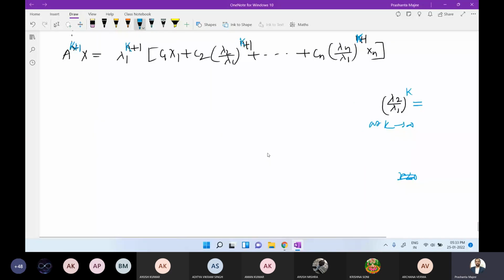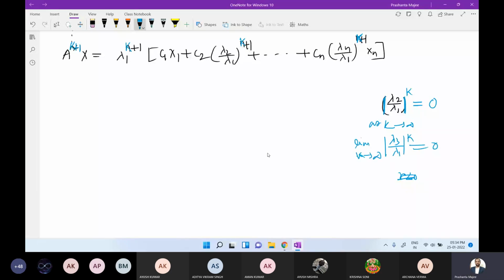What will be happening to this? What will be lambda 2 by lambda 1 power k as k tends to infinity? Mod is there. That will be 0. Similarly, lambda 3 by lambda 1 power k also will be 0 as k tends to infinity.